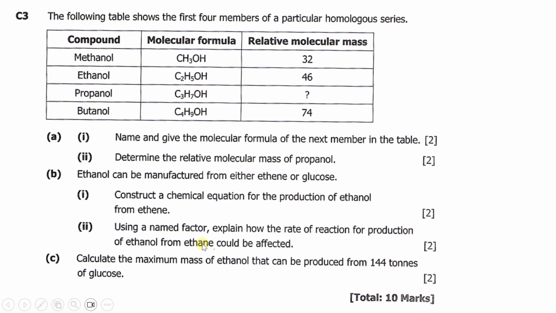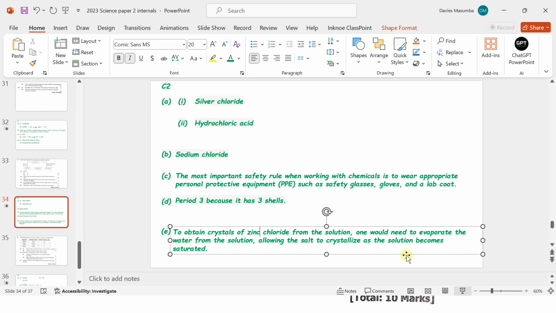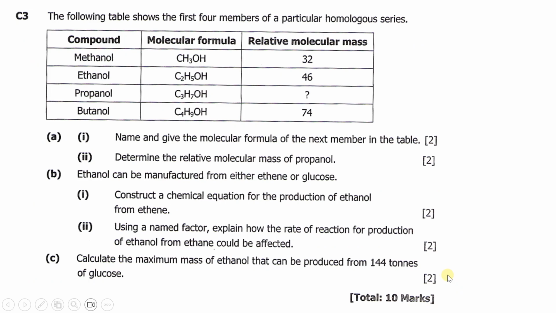I think here it's a typing error. Then C, calculate the maximum mass of ethanol that can be produced from 144 tons of glucose, 2 marks. Here again, they did it wrongly. It's supposed to be a lot of marks here. So let's start answering here.